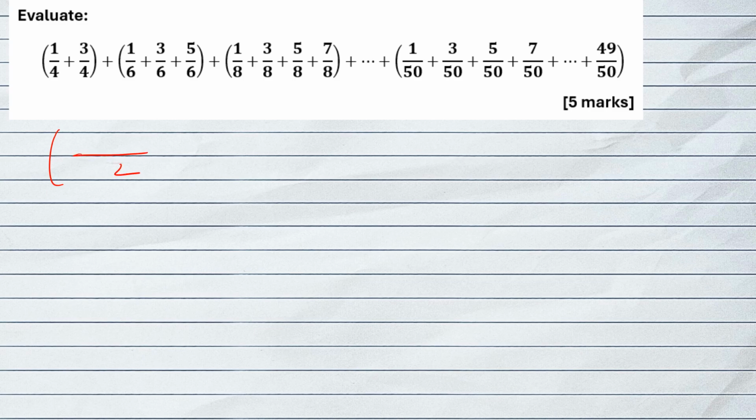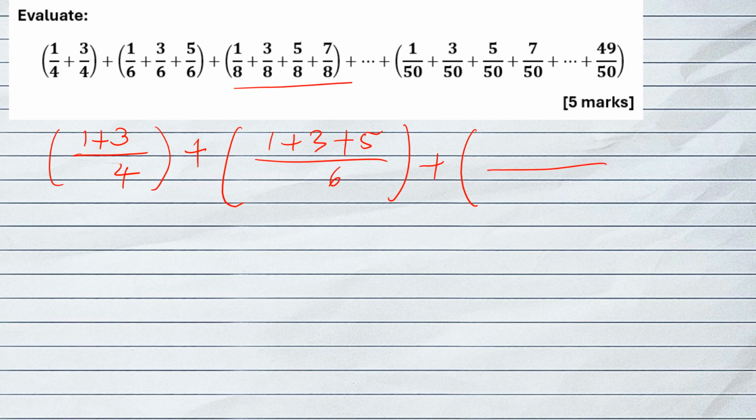We can take the common denominator in these brackets, which is 4, then we have 1 plus 3. Plus, in this case the denominator is 6, then we have 1 plus 3 plus 5. Then plus, in this one the denominator is 8, then we have 1 plus 3 plus 5 plus 7. Plus dot dot dot plus.